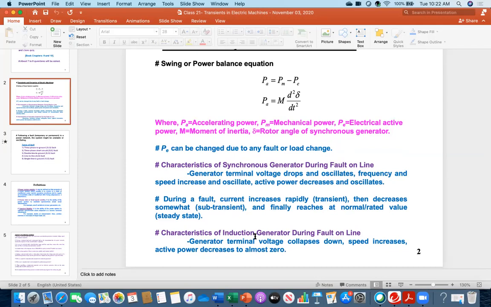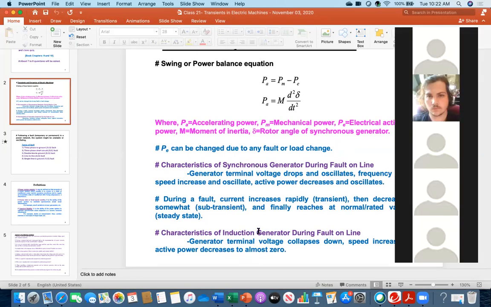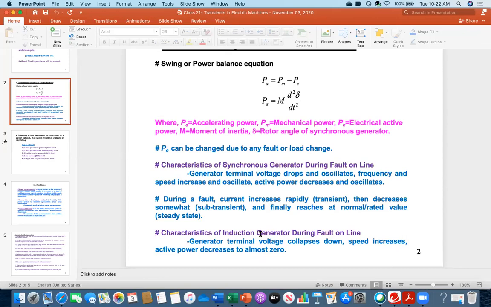It might be a wind generator. Typically, wind generators use the induction machine. Although there are examples of using synchronous machines for wind turbine systems, most wind turbine systems are induction generator systems. So if it is an induction generator, what is the reaction? Generator terminal voltage collapses down, speed increases, active power decreases to almost zero.